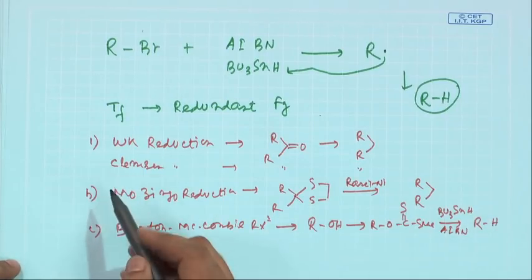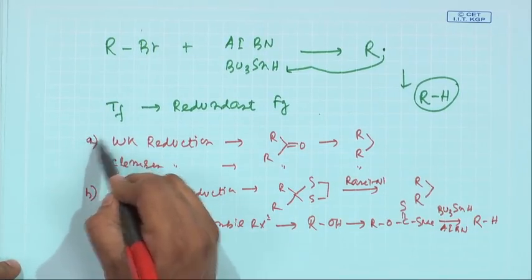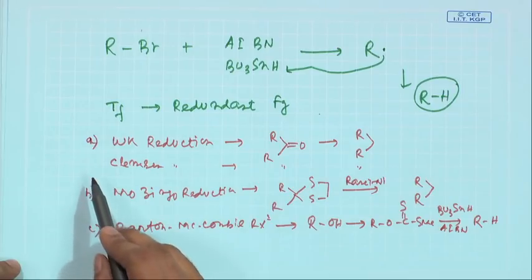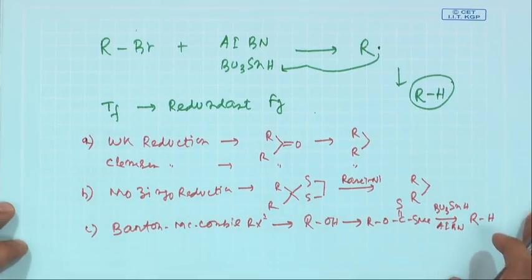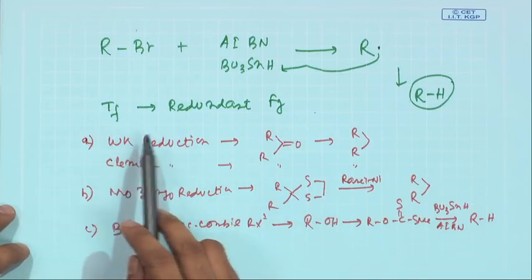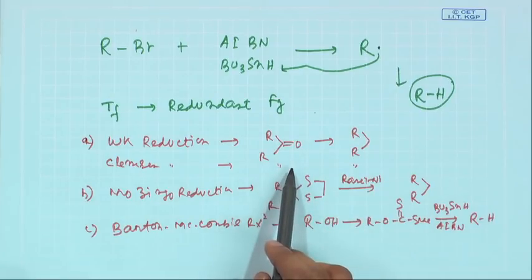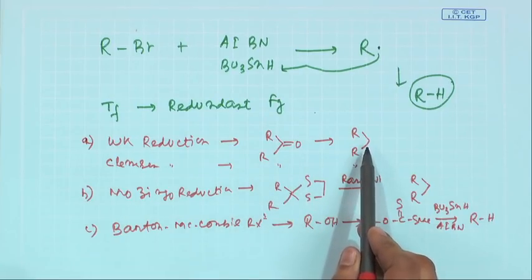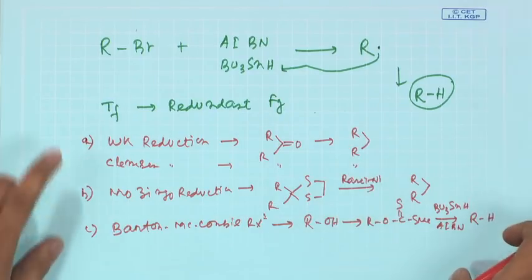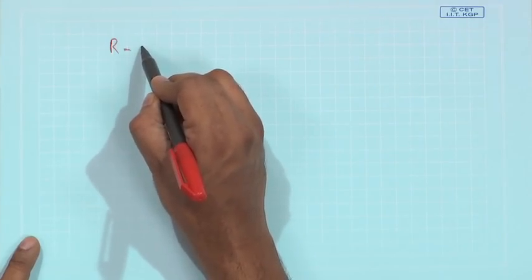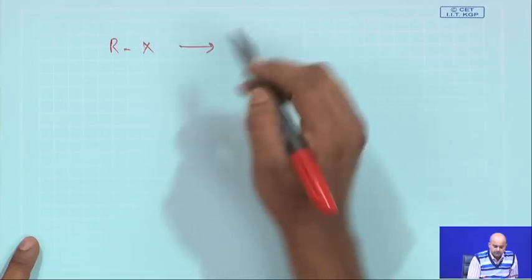So, these three are the main key reactions in this radical mediated exploration of redundant functionality, where you can get rid of a particular functional group to convert to the corresponding deoxygenated products.